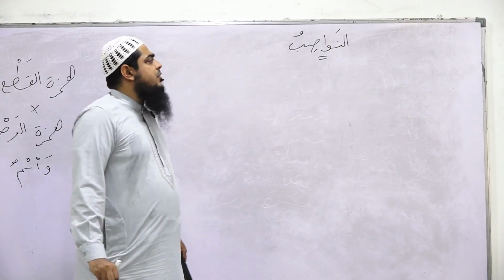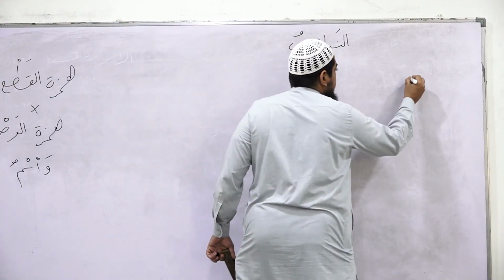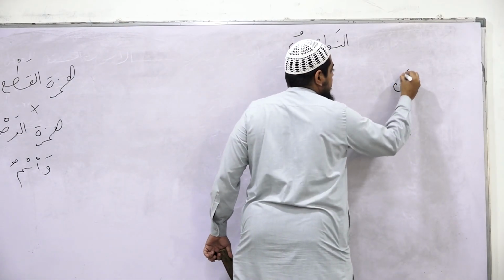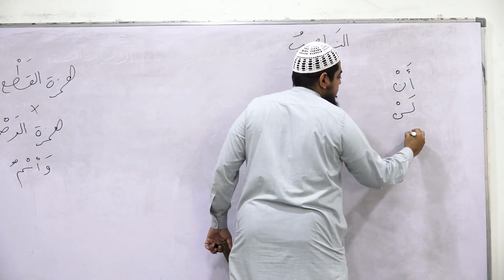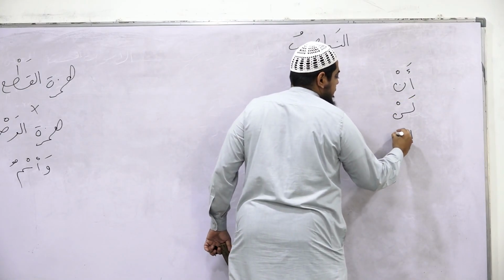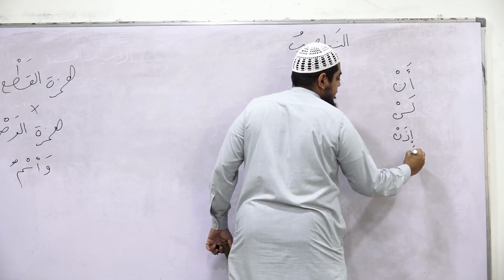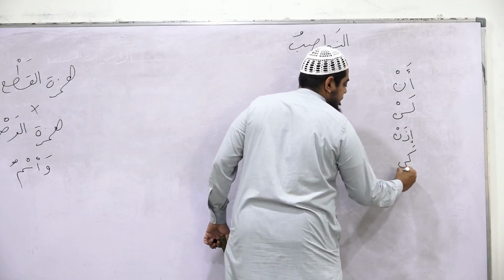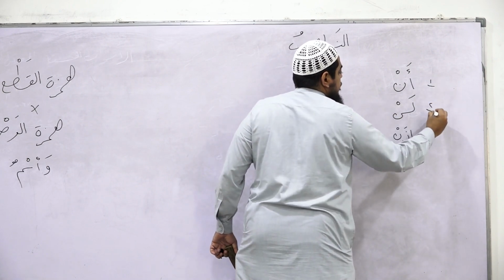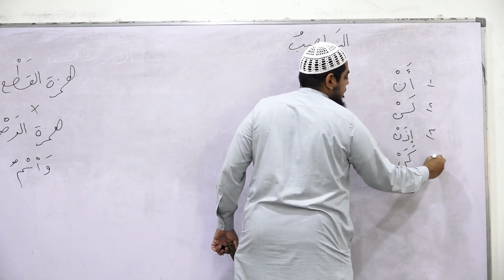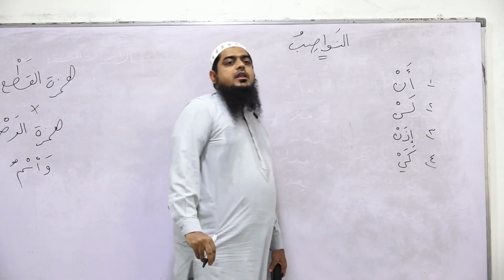What are they? These nawasib are an, lan, izan, kai. 1, 2, 3, 4. These are hurufs.